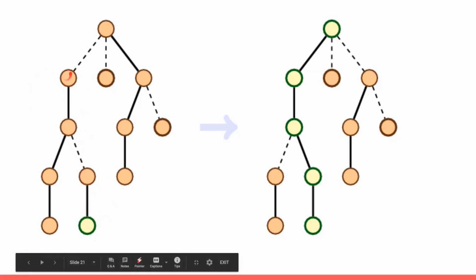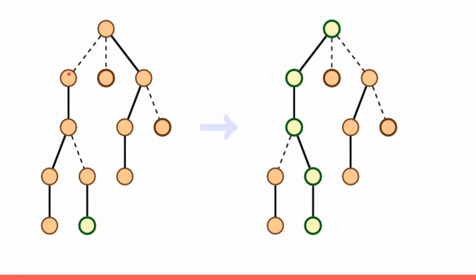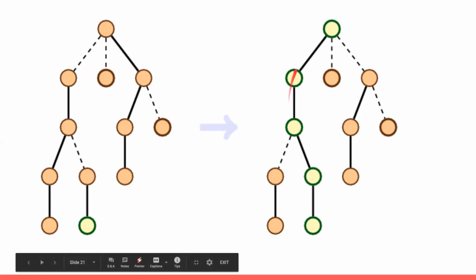But if we are located in this vertex, we have one more light edge here. So we should repeat everything that I just said. We should make this edge light and make this edge heavy. So we need to remove this from this splay tree and add this edge to here. After that, we are going to have such a path.